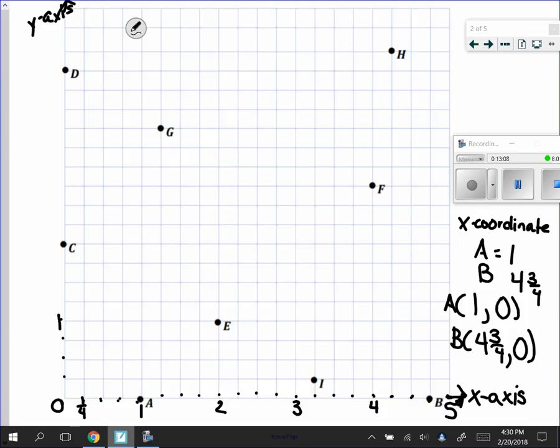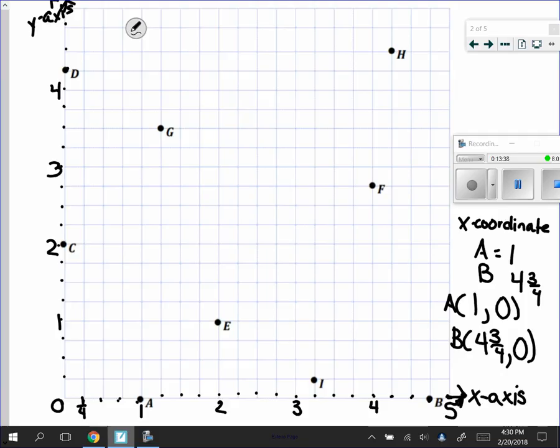I'm going to try not to do my numbers twice again. 1, 2, 3, 4, this is 2. 1, 2, 3, 4, this is 3. 1, 2, 3, 4, this is 4. 1, 2, 3, 4, that's 5 way up there where I wrote y-axis. I ran out of room. Okay.